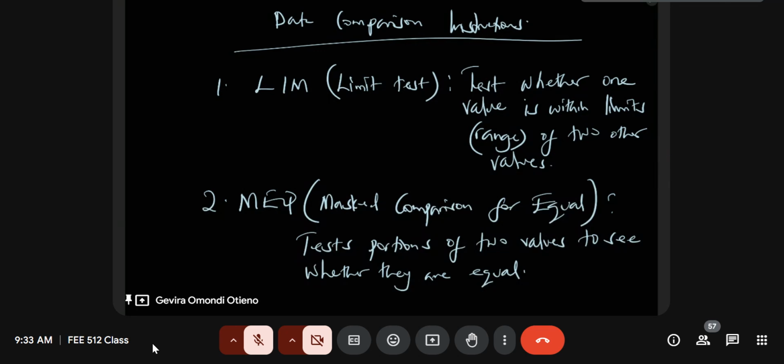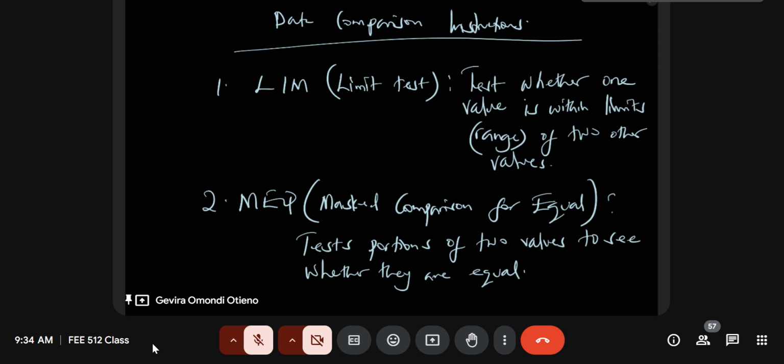So it means, again, just from the word mask, you have a 16-bit source address, you have another 16-bit information, and then you pass that through a mask. And when you're passing it through a mask, you're checking whether the portions, remember I'm saying portions because the mask will only allow portions of bits to be compared.